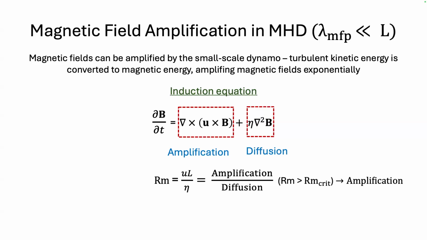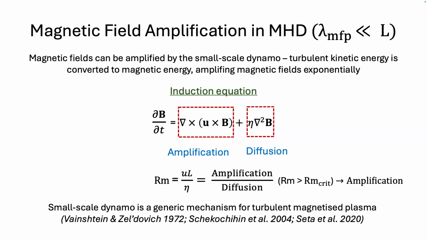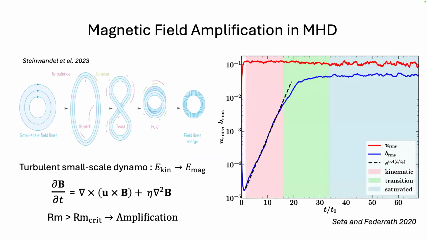This is very similar to the kinetic Reynolds number, except you just replace the viscosity by the magnetic diffusion. And there's some critical value for this parameter above which you have amplification of magnetic fields. And this is a system which has been studied in a lot of astrophysical settings like star formation, galaxy evolution, and so on.